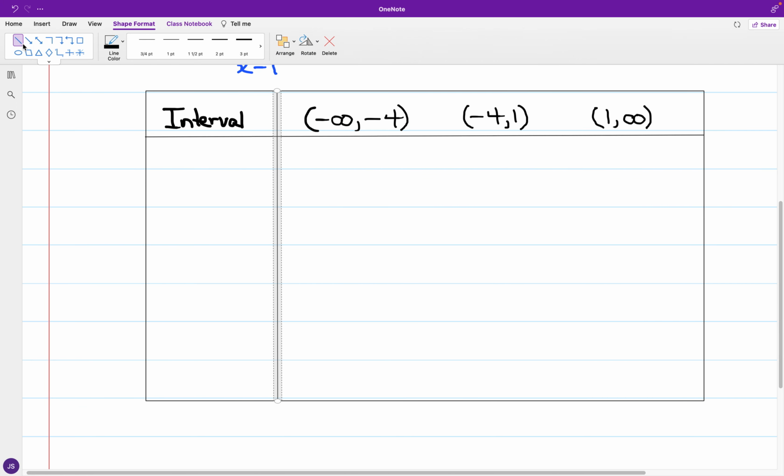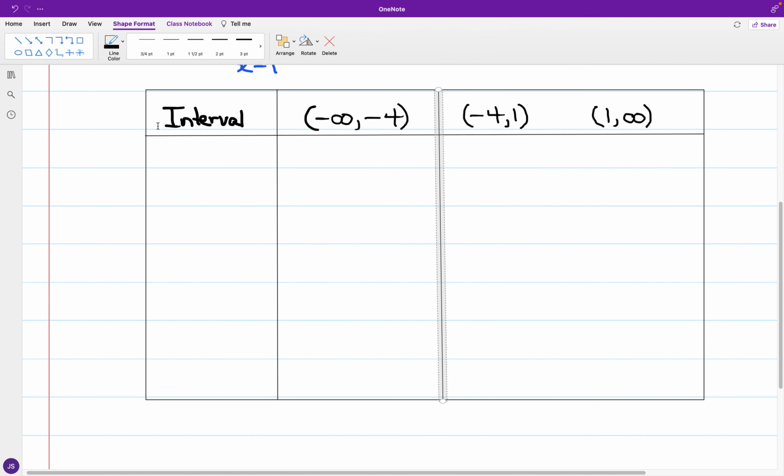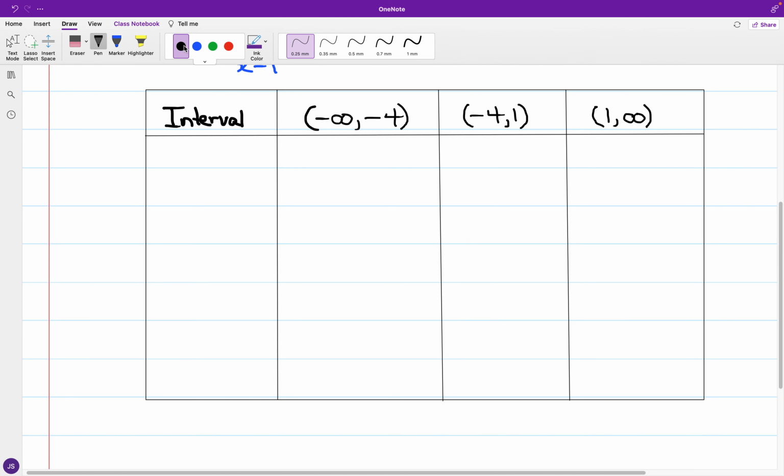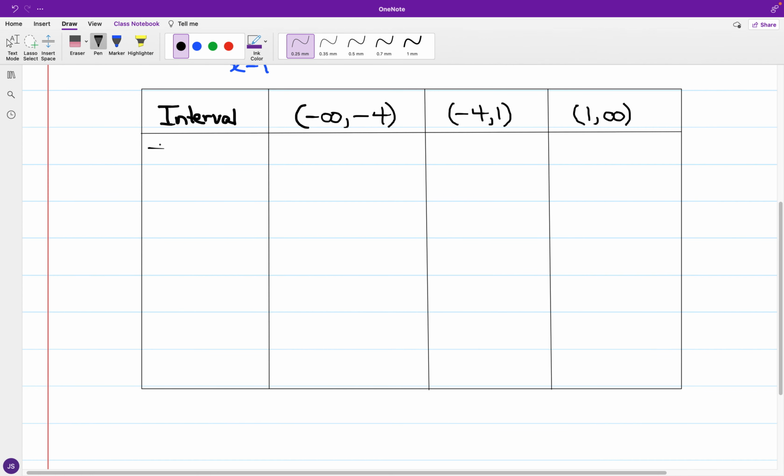All right, so just going at it row by row. At the top row with the subinterval sections, we're going to be testing each of the intervals. Just like with the polynomial functions, we'll be putting in a tested value for the input variable x.